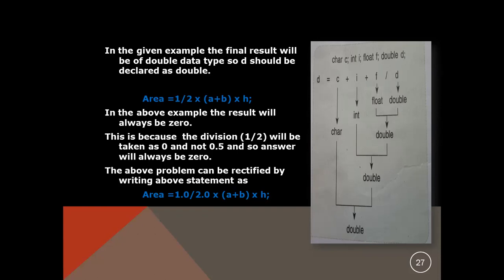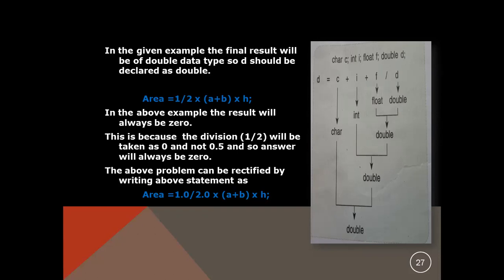Now here one example is given. Area is equal to half, or 1 by 2, into (A plus B) into H. In this above example, division 1 divided by 2 will be taken as 0 and not 0.5, and so the answer will always be 0.